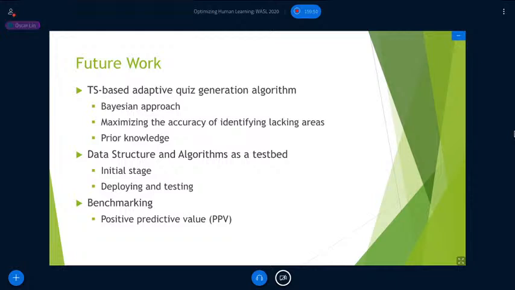We are going to measure the performance of the algorithm, which we call benchmarking. One approach we can use is the positive predictive value. Maybe we will explore other indices to measure the performance of the machine learning algorithm.